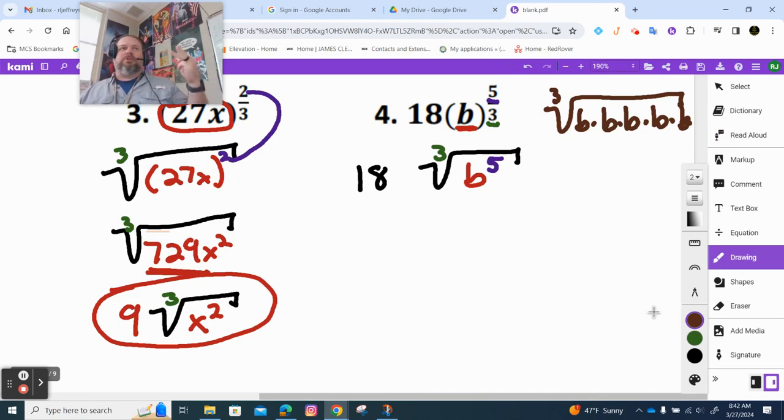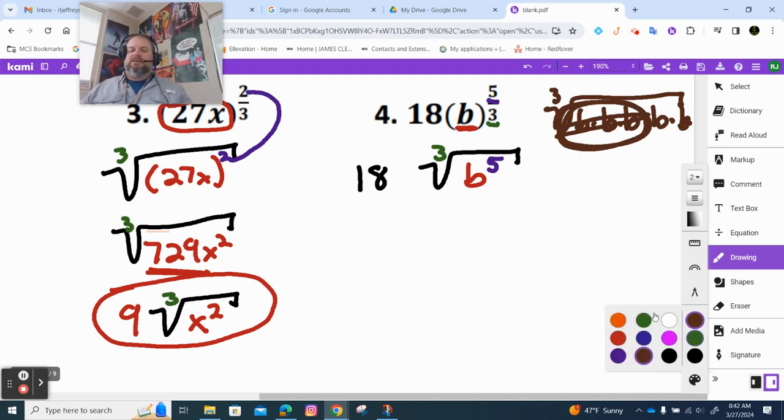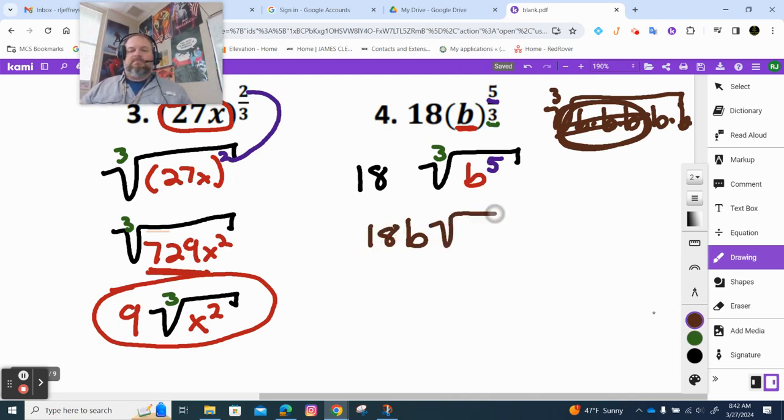We're taking the cube root, so that means it's times itself 3 times. So if we take out a b, how many b's would be left underneath?